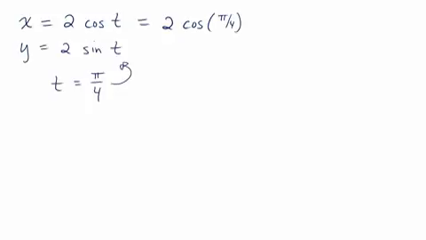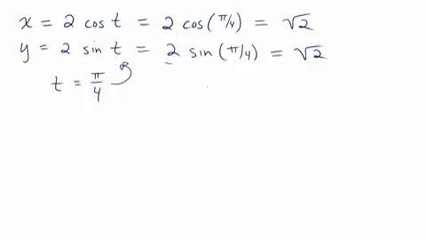The cosine of pi over 4 is root 2 over 2, and root 2 over 2 times 2 is root 2. Likewise, for y, we would get 2 times the sine of pi over 4. The sine of pi over 4 is root 2 over 2, and again times 2, we get root 2. So the point would be root 2, root 2.